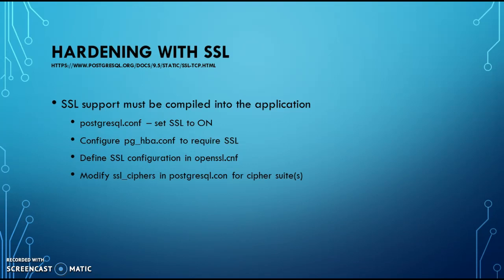So this hardening with SSL is going to be a complex set of interrelated files. You've got PostgreSQL, the Postgres_HBA file, the OpenSSL.cnf, and the SSL_ciphers. I'm sorry, that was in the PostgreSQL.conf.